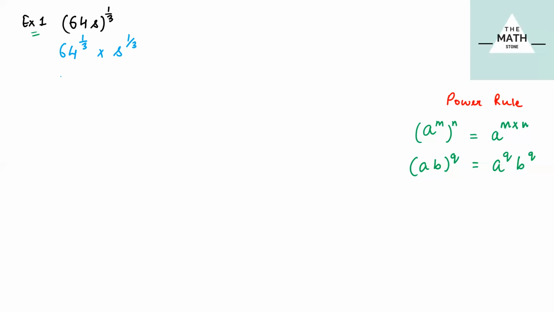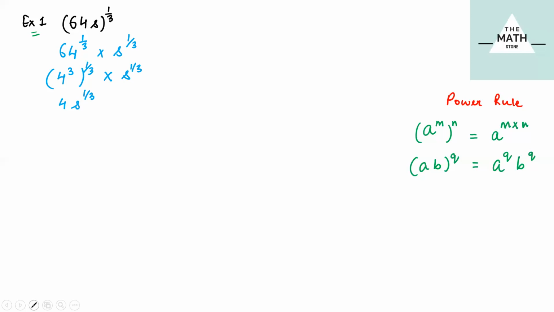Now see, 64 can be written as 4 cube because 4 times 4 times 4 will give you 64. So then in 4 cube raised to 1 over 3, you multiply 3 and 1 over 3 and you'll get 4. And the answer is 4 times s raised to 1 over 3.